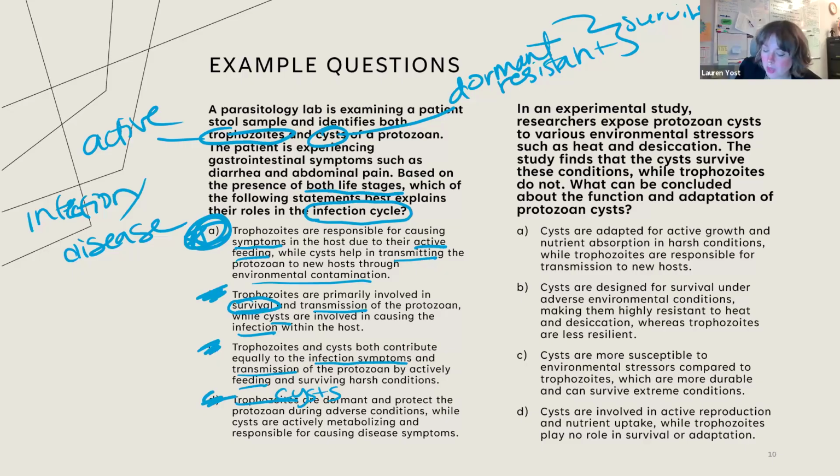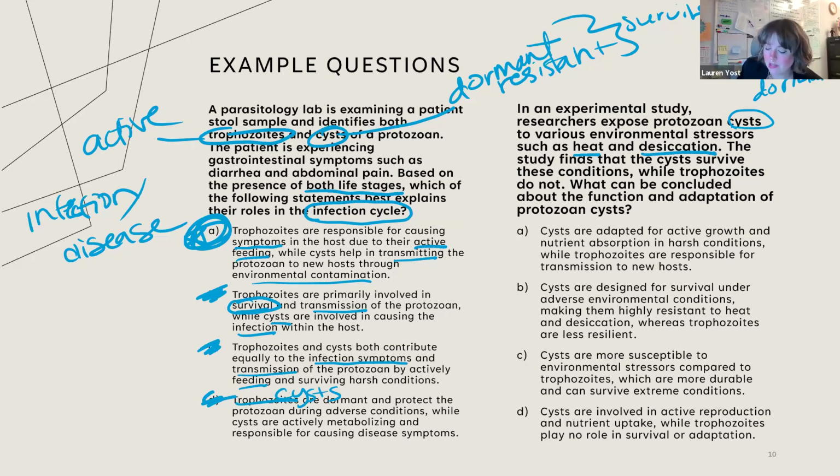Okay. In an experimental study, researchers exposed protozoan cysts, dormant and resistant, to various environmental stressors such as heat and desiccation. If you're a good, proper cyst, you should be resisting those things.